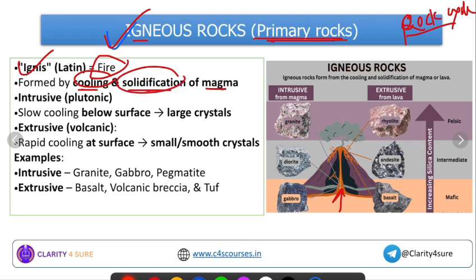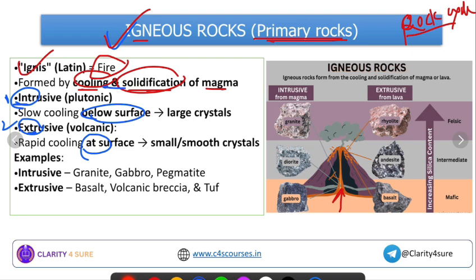Here we have two types of igneous rock. First is intrusive and second is extrusive. The name itself suggests the difference. Intrusive is where the cooling and solidification happens below the surface, inside the earth. Extrusive rock is where the cooling and solidification happens at the surface, exposed out on the surface.